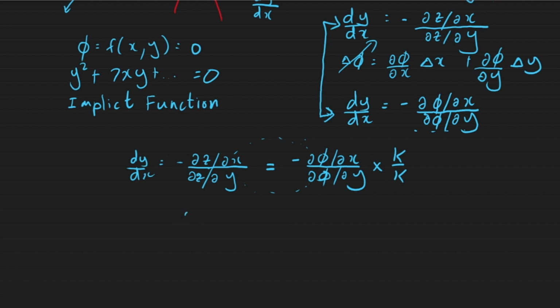What I'm saying here is that del z dx is equal to some multiple of the numerator of the other side, k times del phi dx. And the same is true of the denominator: del z dy is equal to the same factor times del phi dy.